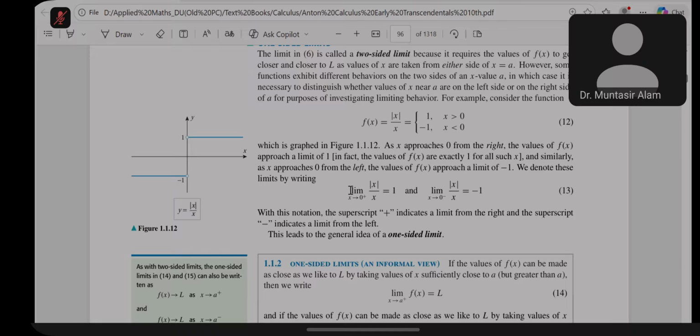So this part is known as the right-hand limit, and this part is known as the left-hand limit. And both the limits are different. So actually the limit does not exist at x equal to 0.